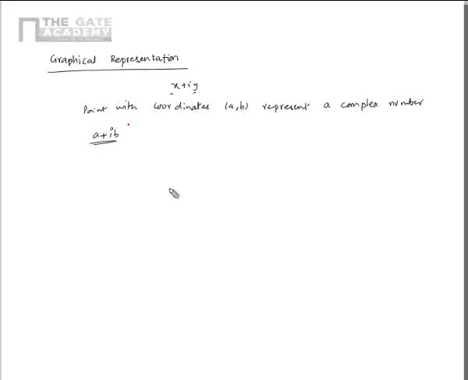So obviously 1 comma 0 will represent 1 plus 0i, which is 1. Similarly, 0 comma 1 will represent the imaginary unit i. So let me just draw it.